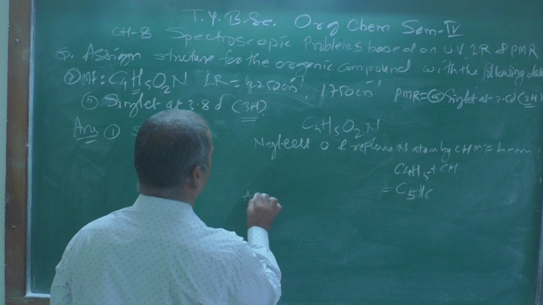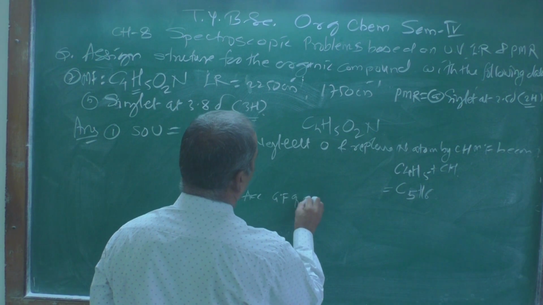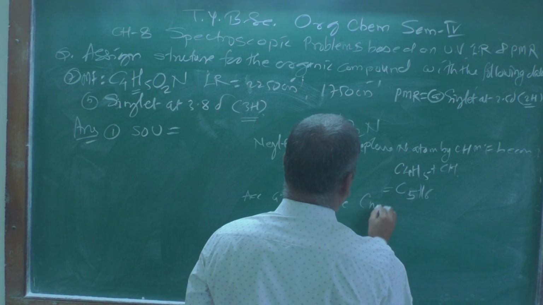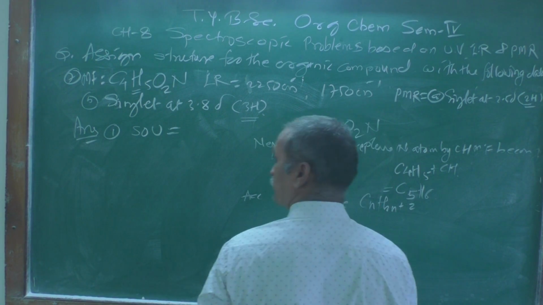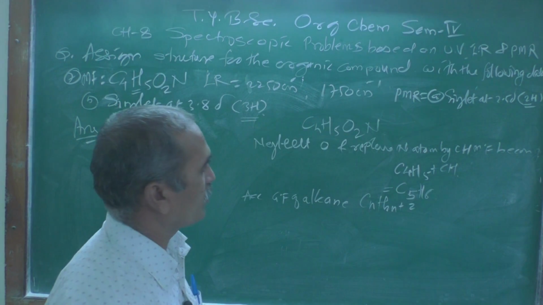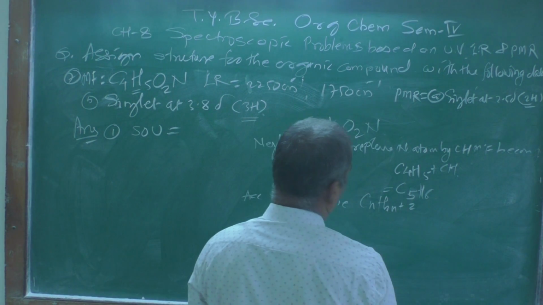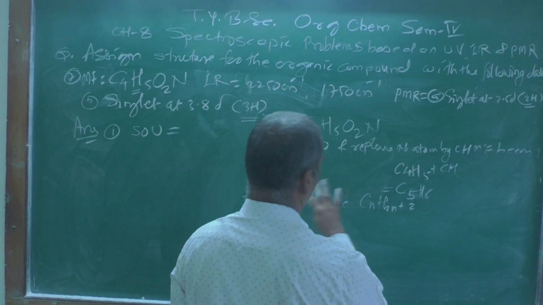Now, according to the general formula of alkane, which everybody knows, CnH2n+2, n is the number of carbon atoms after the changes you made.